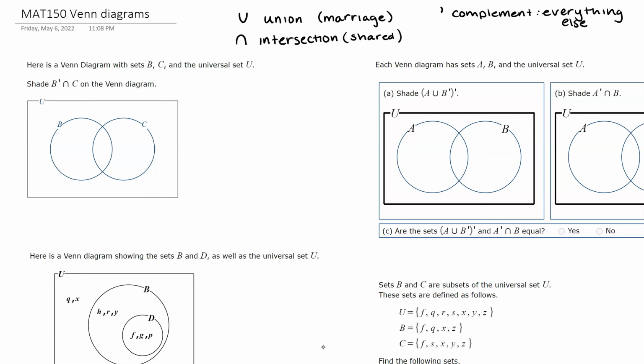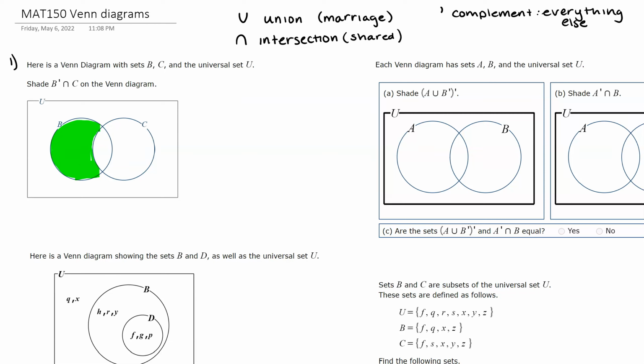Okay, so let's start with this one. We're going to figure out what rooms in this house are B complement intersect C. Since you can't see me pointing, the easiest way I've learned to do this in my classes is to color these rooms in different colors.